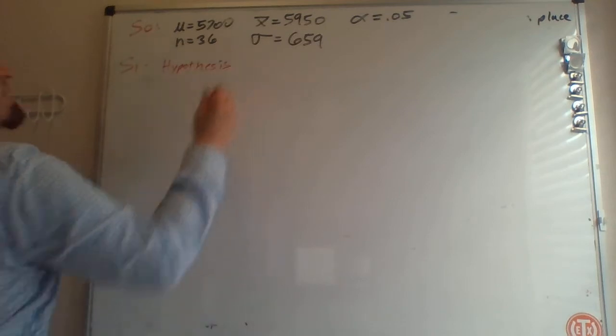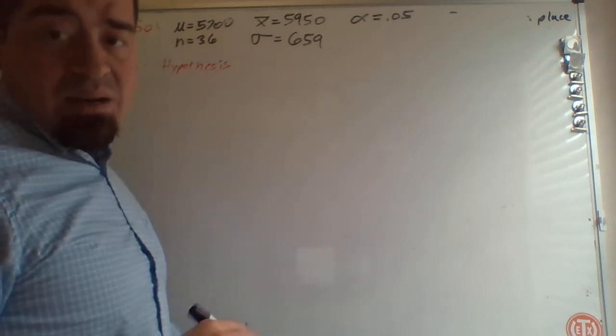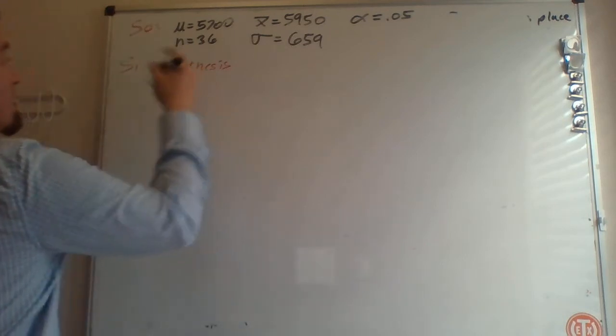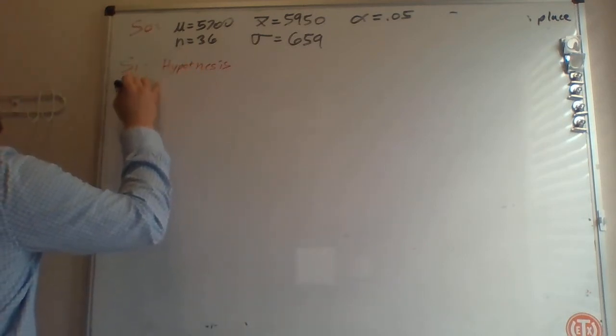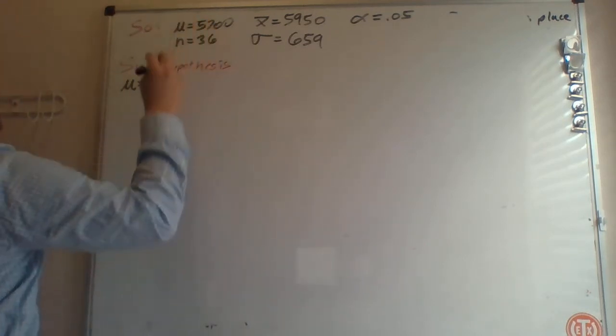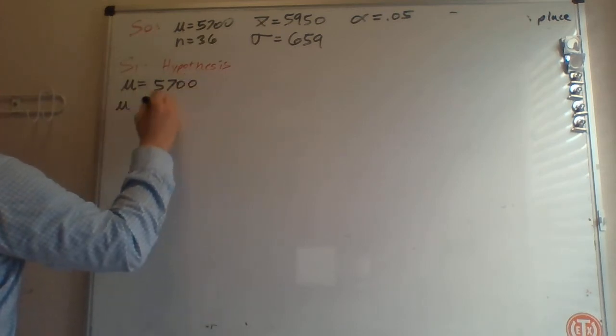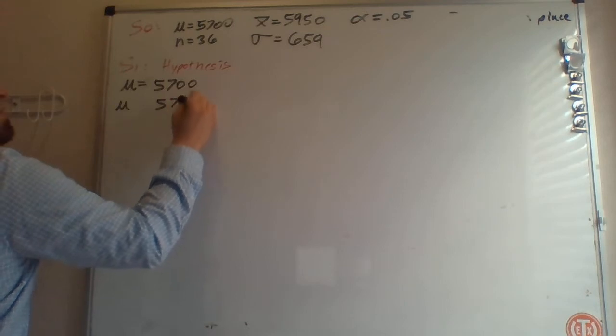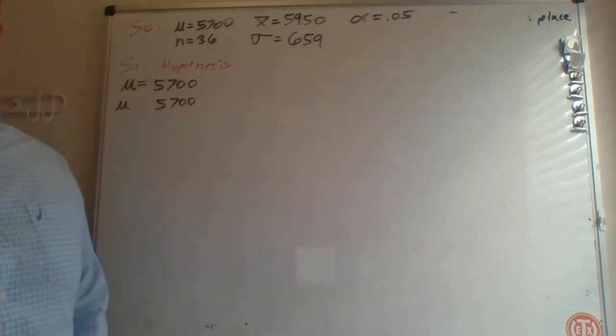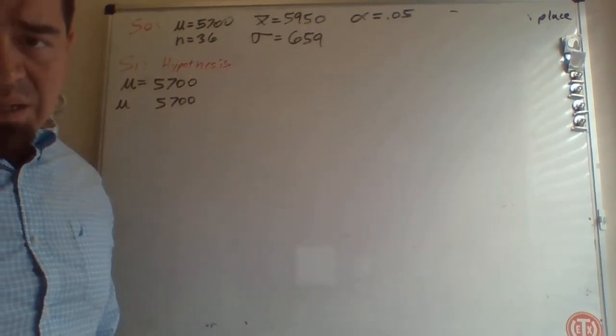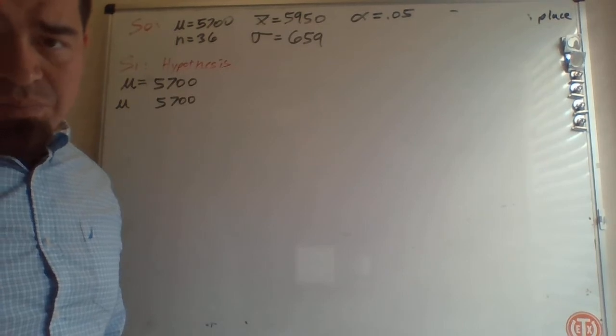Okay, so the hypotheses, again, I always tell you this, don't think too hard. There it is, right? That's why step 0 is important. Now the alternative, that's going to be the same number. Now I have to go back to the problem and read to see if that's going to be less than, greater than, or not equal to.